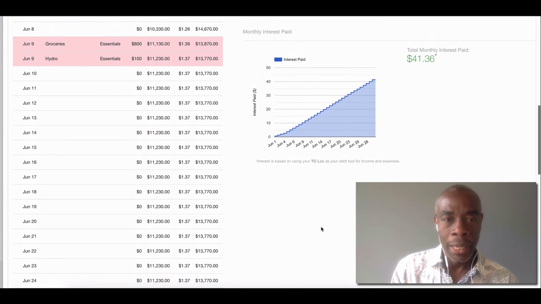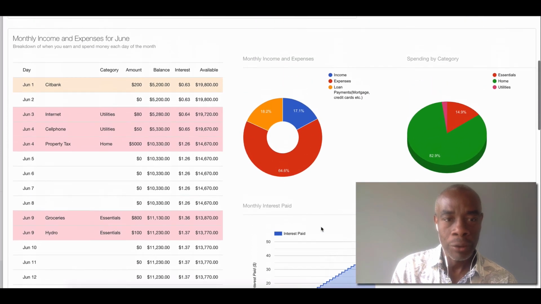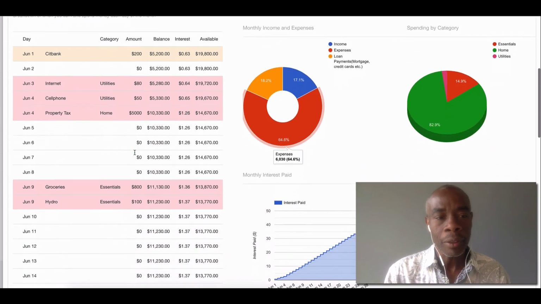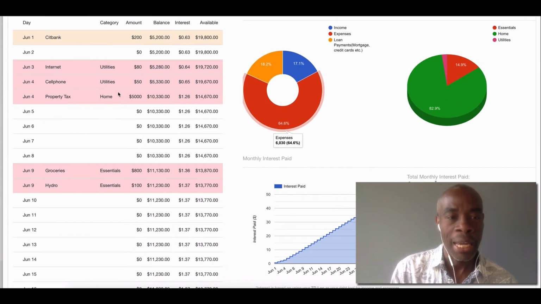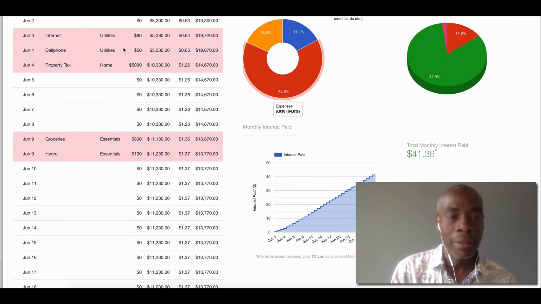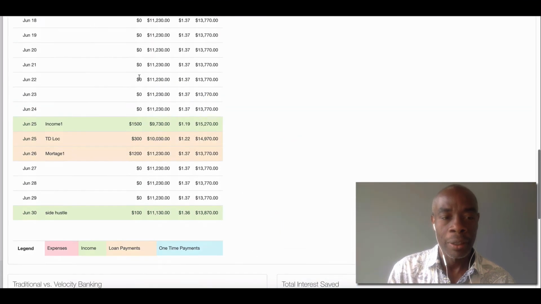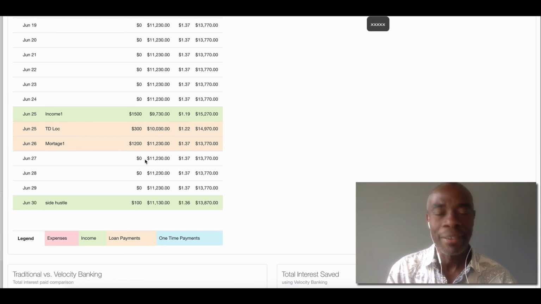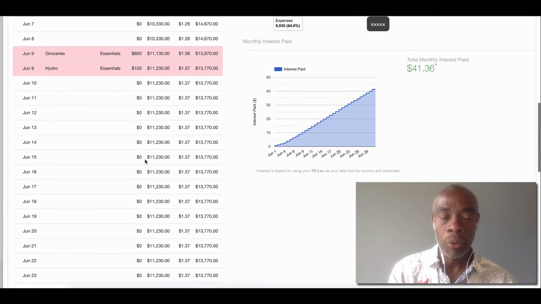And this chart gives you your breakdown of your expenses. All the red is your expenses. At a glance, you see that most of your expenses happen in the first half of the month, and all your payments are in the last half of the month, which is kind of what you want to do.